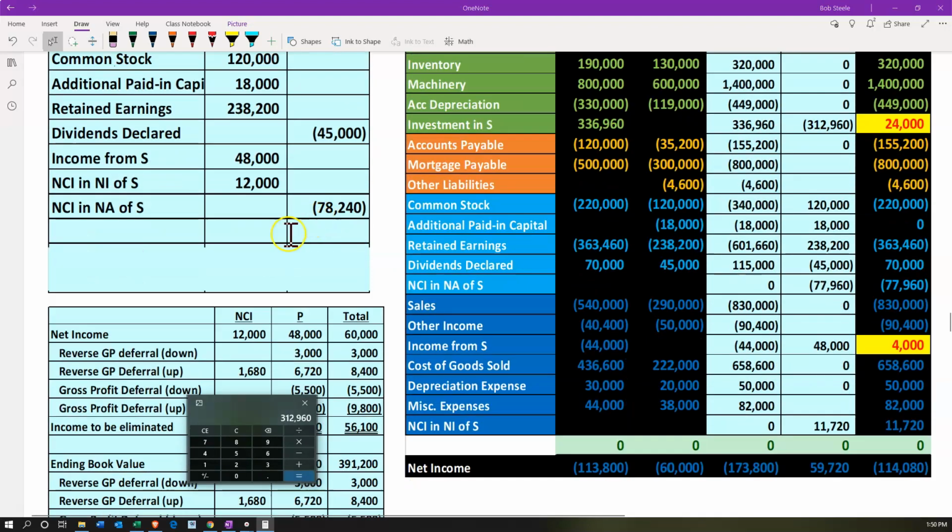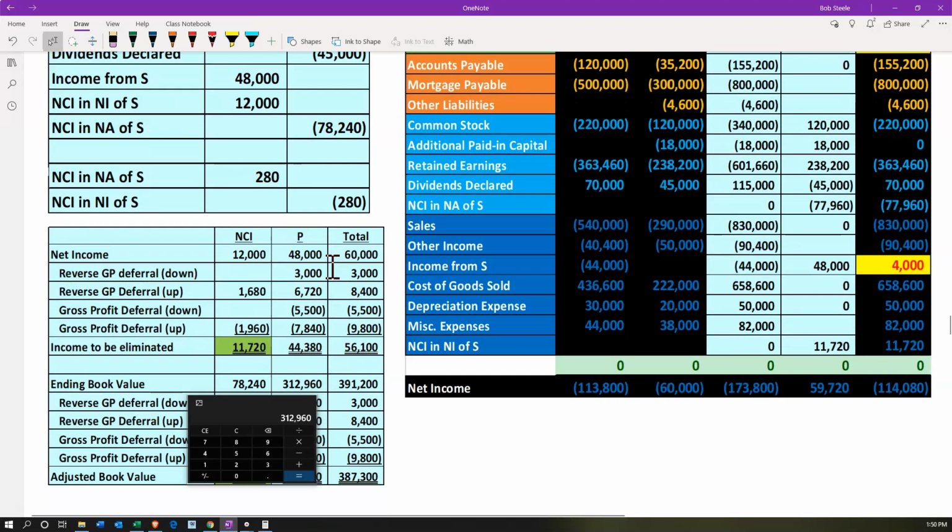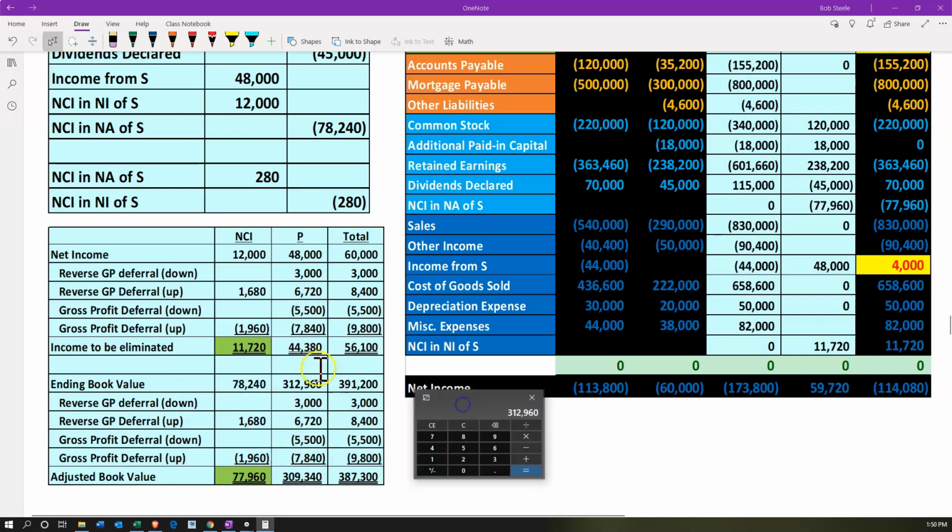So now let's go through this and say, okay, this is our normal kind of journal entry. How would we adjust that to get it to our table here with the modified equity method being used? What we're going to do is adjust the amount for the non-controlling interest in the net assets and the net income based on this column here.